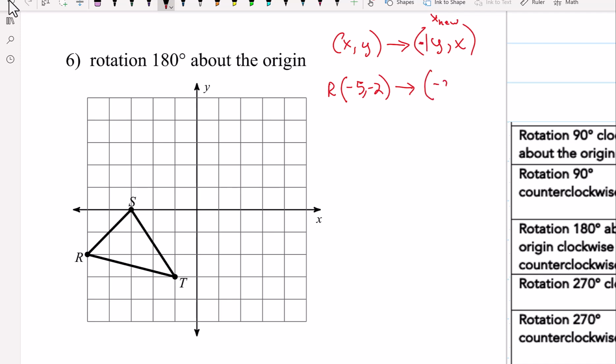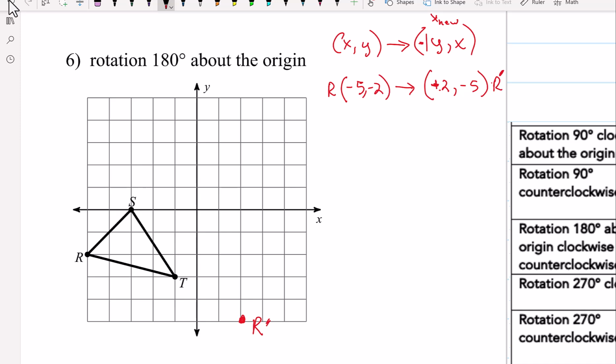So the -2 goes here, the -5 goes here, but then we're going to multiply -2 by -1, so that becomes +2. So at +2, -5, this will be r prime.